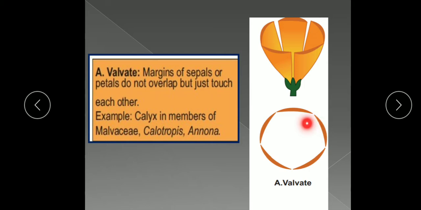Without overlapping or turning, that condition is known as the valvate condition, where these whorls do not overlap each other while they are in contact. So this arrangement is known as the valvate arrangement. Examples are calyx in the members of Malvaceae, Calotropis, Annona. These are the examples of valvate.